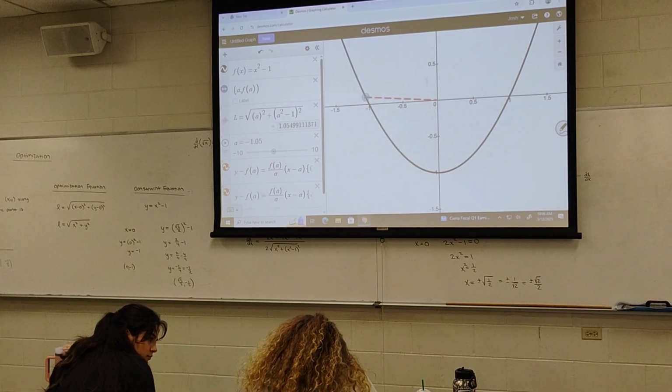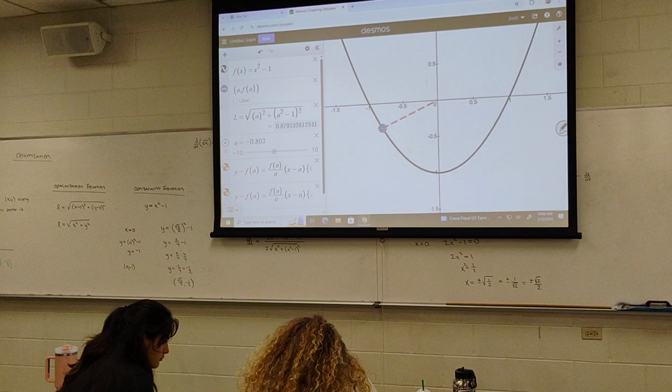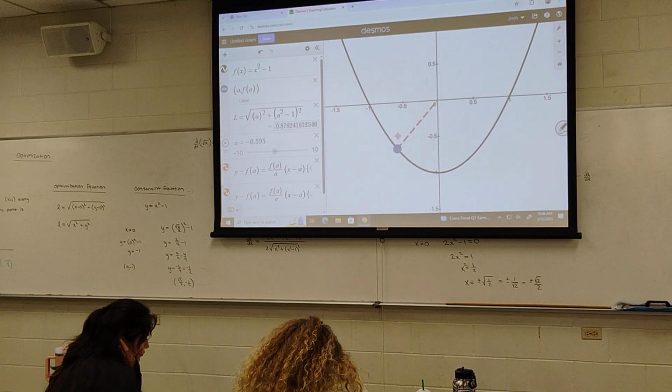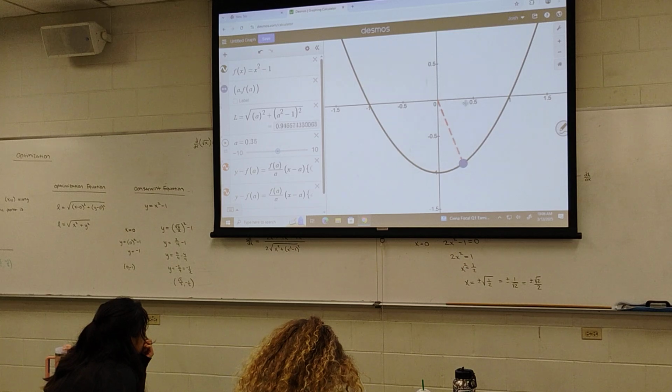If you look at this box over here, this is now displaying the distance. And numerically, you can see that we are decreasing, decreasing, and then it starts to look like increasing again. Increasing, increasing, increasing, starting to decrease now.